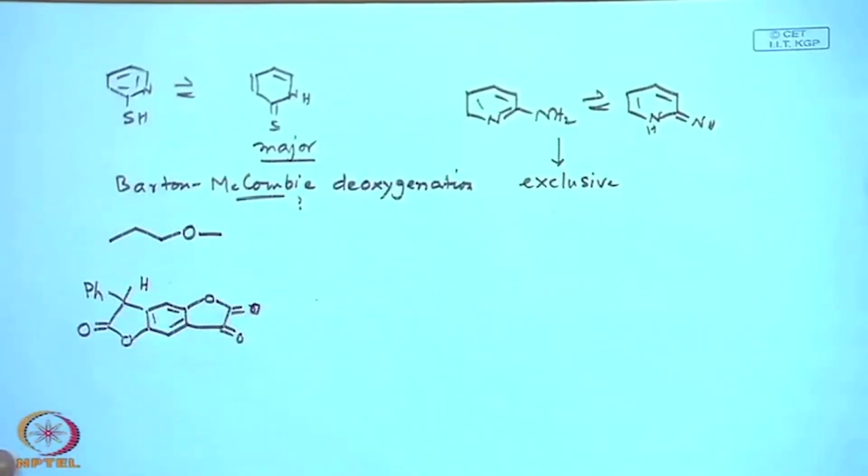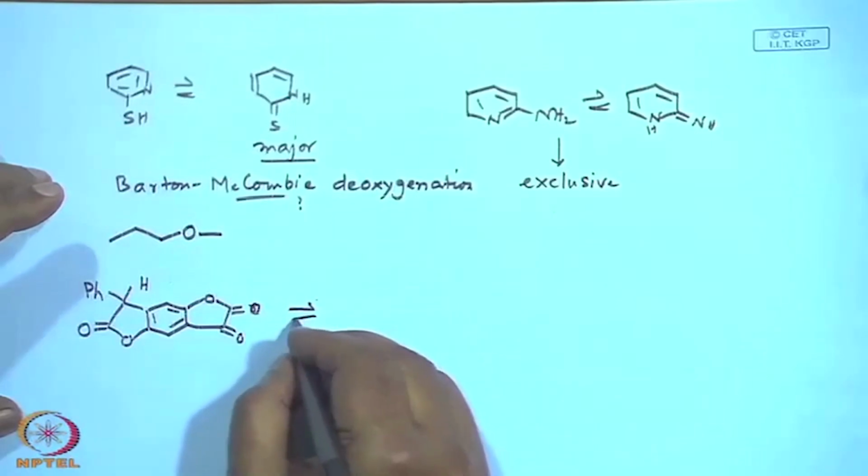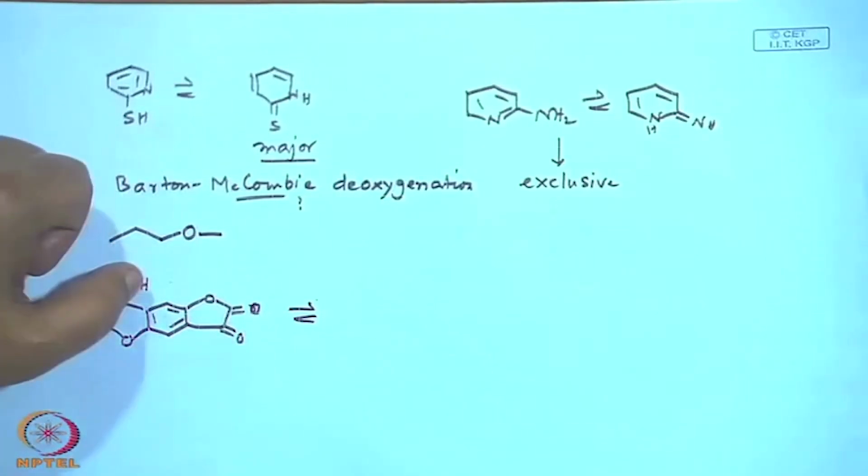Okay. Now, normally from whatever we know, we cannot really write an equilibrium, right. We don't write an equilibrium, because ketone tautomerism requires a ketone and an alpha hydrogen that is there.